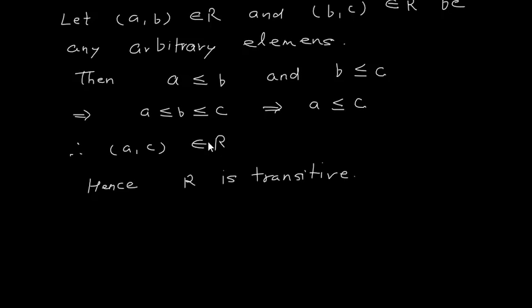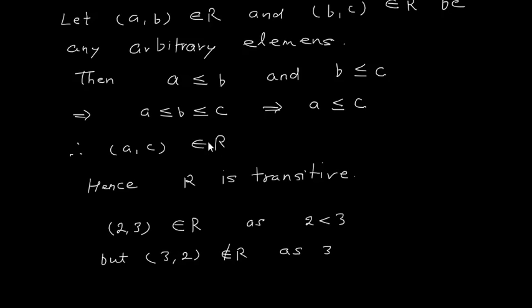Now next I have to show that it is not symmetric. So we can take any example. (2, 3) belongs to relation as 2 is less than 3, but (3, 2) does not belong to relation, as 3 is not less than or equal to 2.